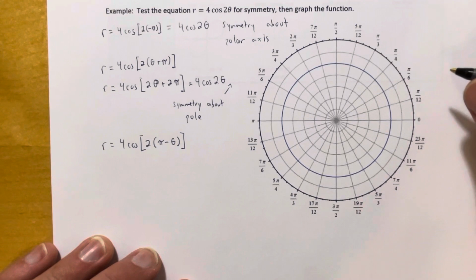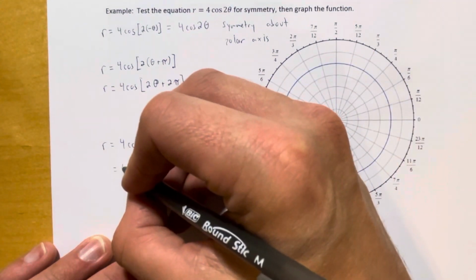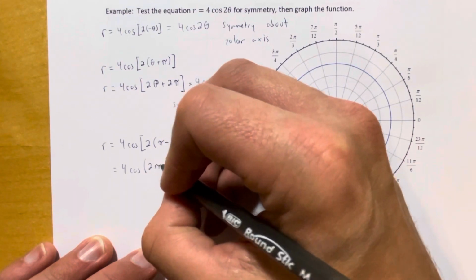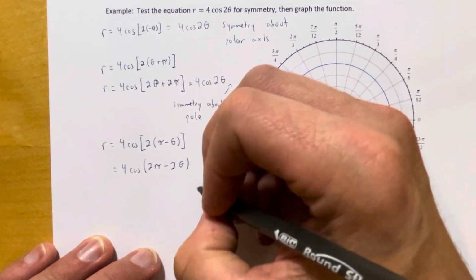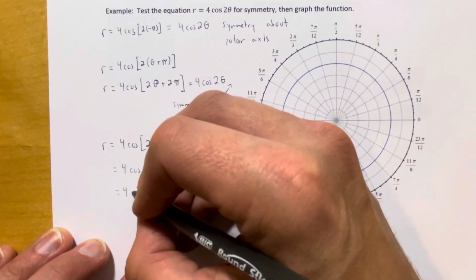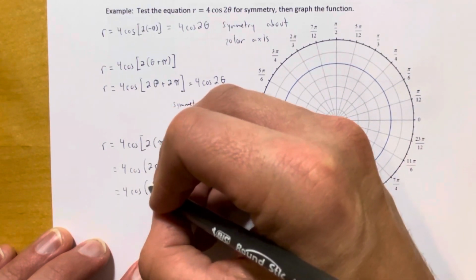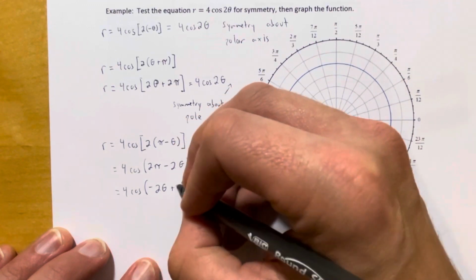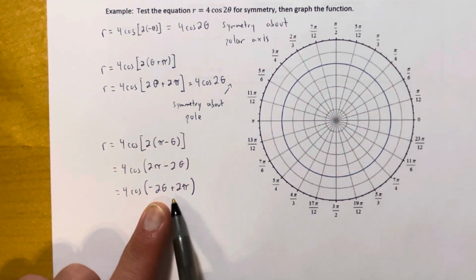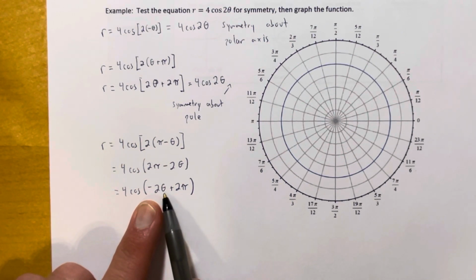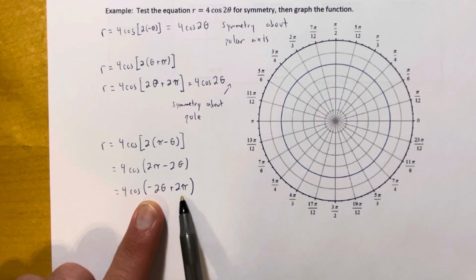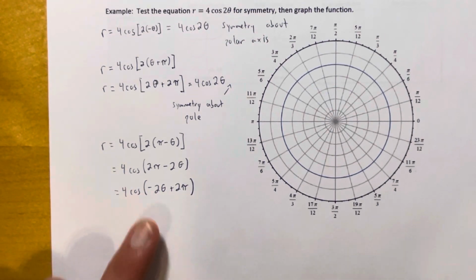This is equal to 4 times cosine of 2 pi minus 2 theta. But again, another way of writing this is 4 cosine of negative 2 theta plus 2 pi. I can rearrange those. And then I can think of this as taking the angle negative 2 theta and then just rotating that through another full circle, another 2 pi, taking me right back to my starting point.